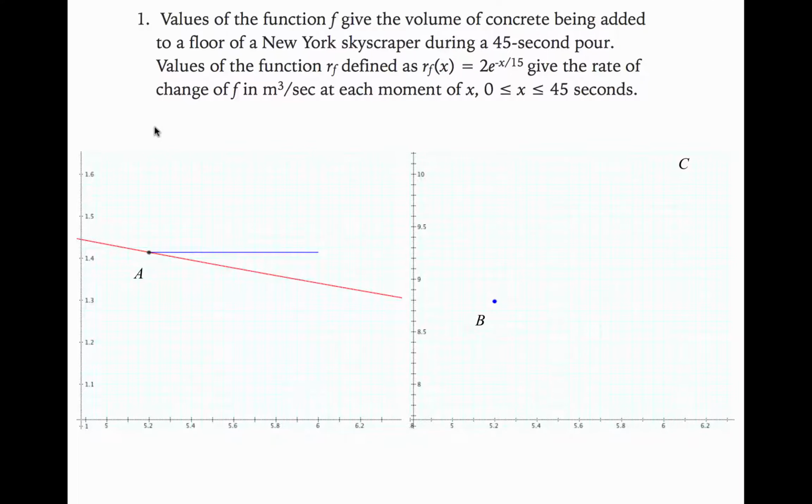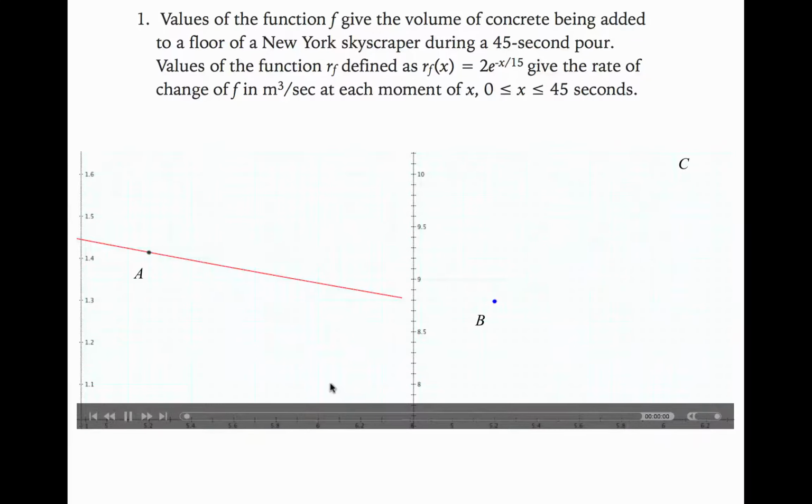The first question about the scenario was, what are the units of each axis? And so we have two different graphs here, and this graph over here is our rate of change graph, and this is our total amount of concrete poured.